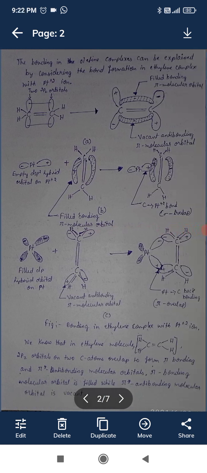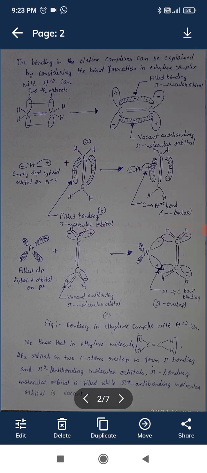In the second case it is the usual situation: the ligand is filled and the metal hybrid orbitals are vacant. But in the third case, the metal orbitals are filled and the ligand orbitals are vacant. This type of overlap gives dpi-ppi bonding. This is what we call back donation, that is back bonding, where the metal donates electrons to the carbon, and this is a pi type of overlap.